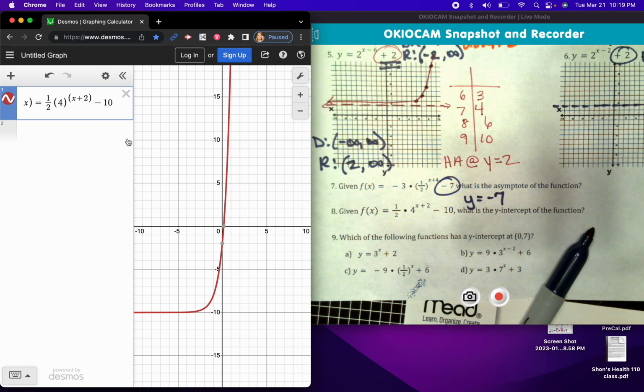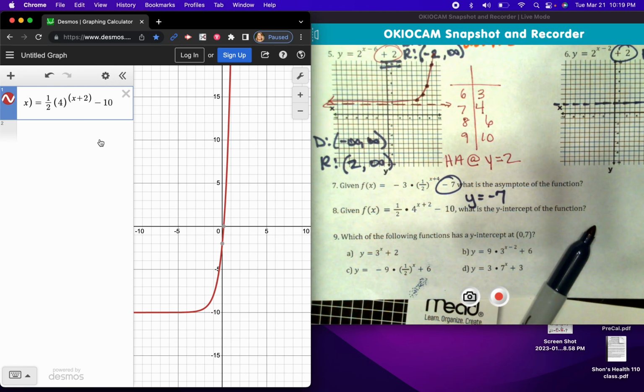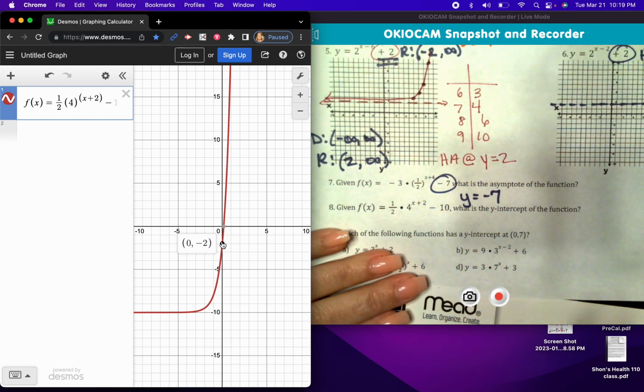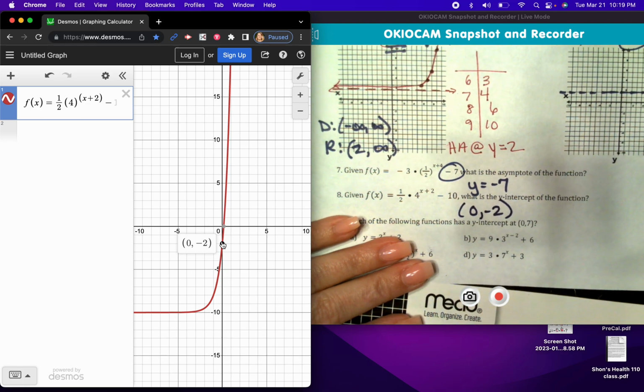So you should be maybe pausing, and maybe you can open up Desmos and try that, type that in. Once we have that in, you see the graph, and it's asking what is the y-intercept. So, you know, your x-axis goes left and right, your y-axis goes up and down. Simply click here, boom, on the y-axis, and your y-intercept is at 0, negative 2.